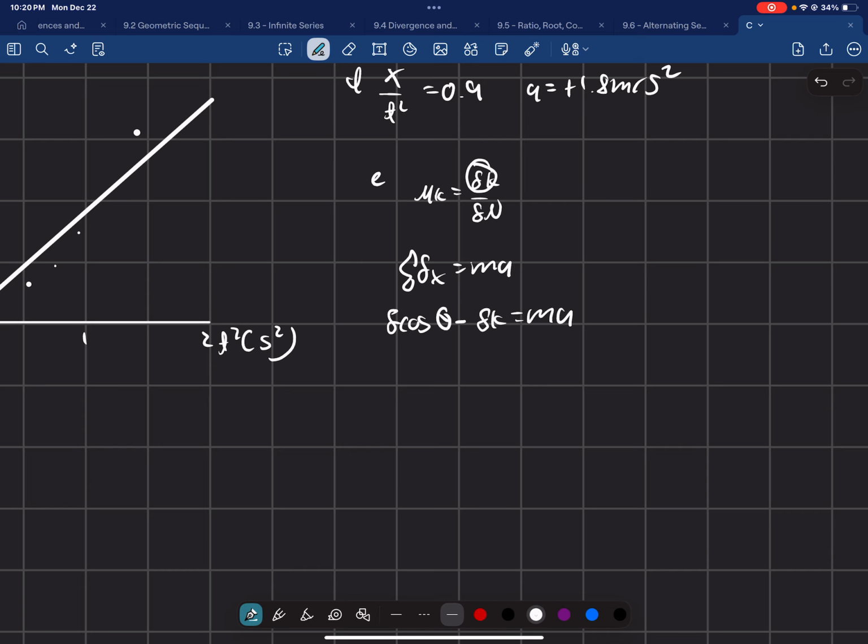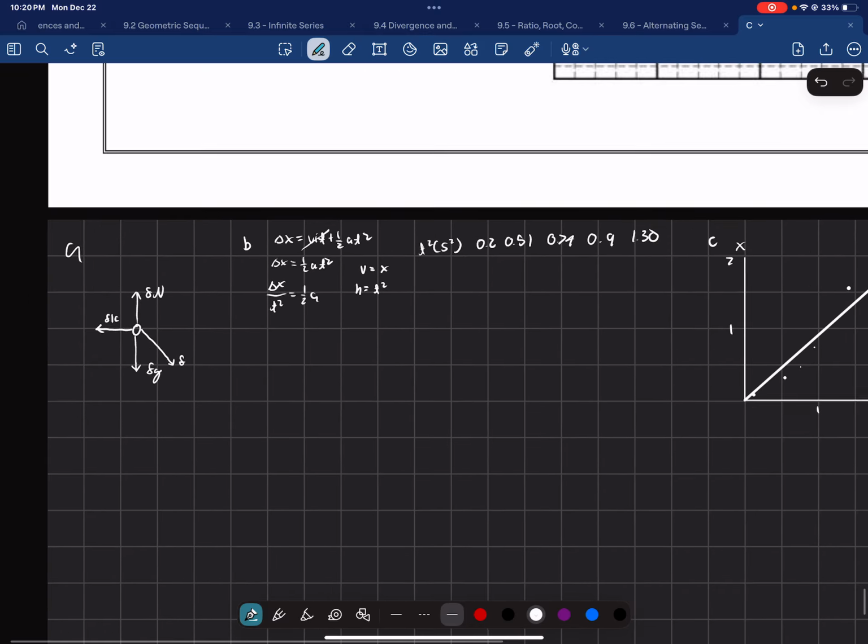Since we need to isolate F_k, it's really just F cosine theta minus ma. Now we solve for the vertical axis. The net force in the vertical axis is equal to ma, but since it doesn't move vertically, it's equal to 0. Looking here, there are 3 components: F_g, F_N, and this component.